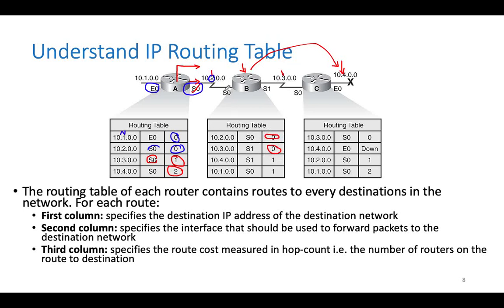That's S0, S1, that's correct. Now I'm here and I want to reach 10.1. If I want to send the data from here to 10.1, which direction will it take? It has to take S0. Is that correct? If I want to reach 10.1, which is here.